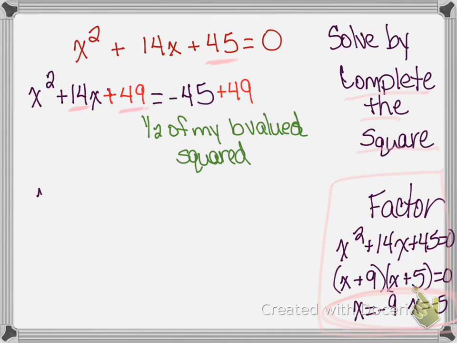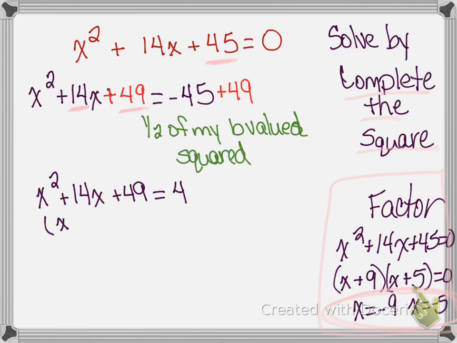So, I'm left with x squared plus 14x plus 49 equals 4, because I combined negative 45 and 49. Now, I can factor this side. By design, it is a perfect square trinomial.